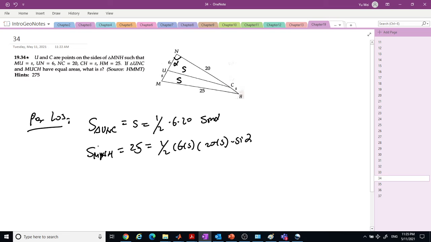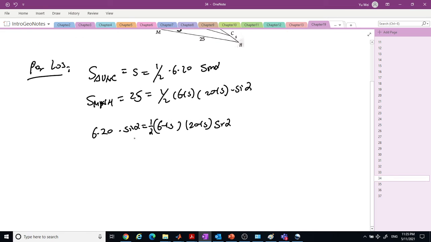So now we know the ratio, right? So you can see it's 6 times 20 times sine alpha is equal to (6 plus S) times (20 plus S) times half times sine alpha. Then we have an equation for S, right?